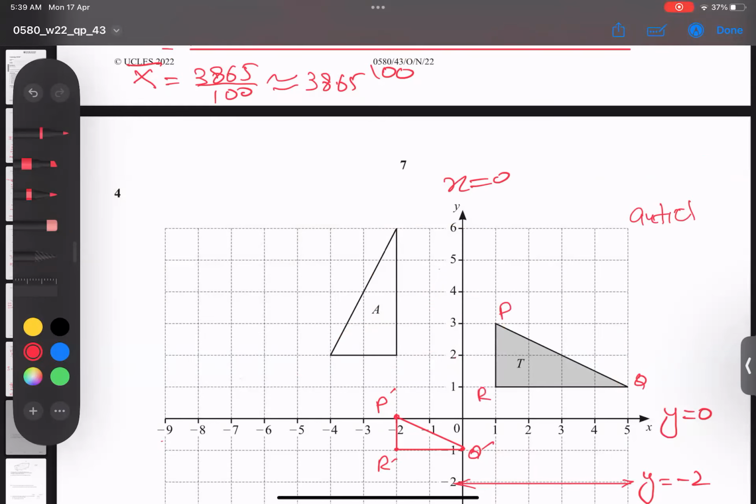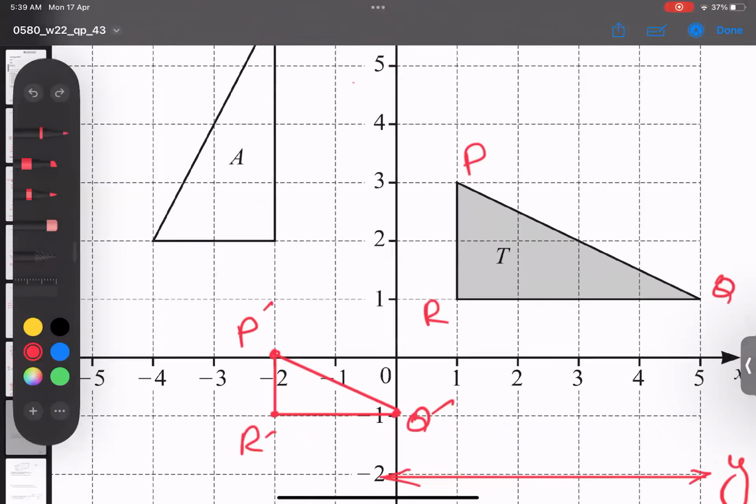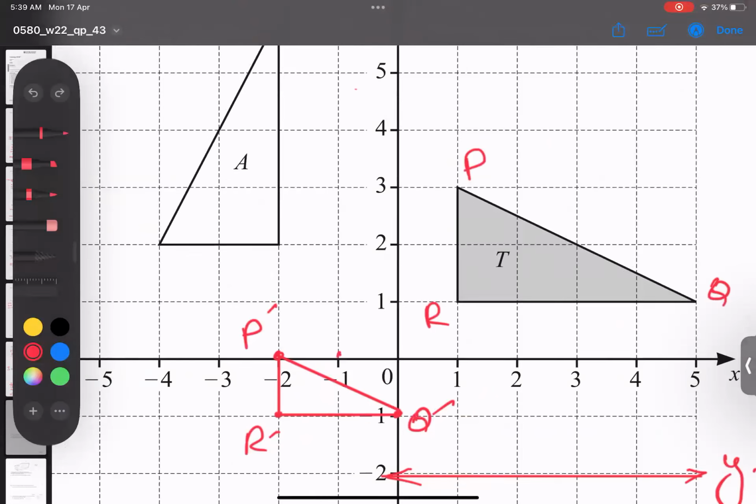But the point is, what is the angle and where is the center? You can check it here. What is a possible way? I believe this center is okay. How come the center? Check it. From this one up to right, from this one this way and two this way.